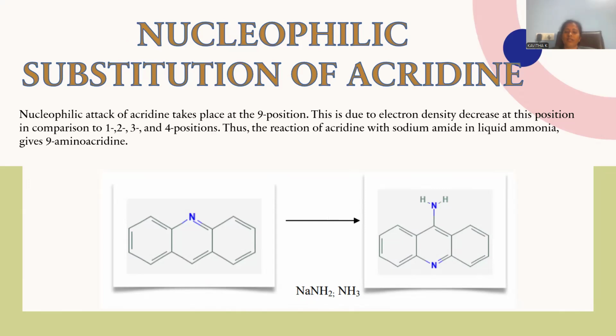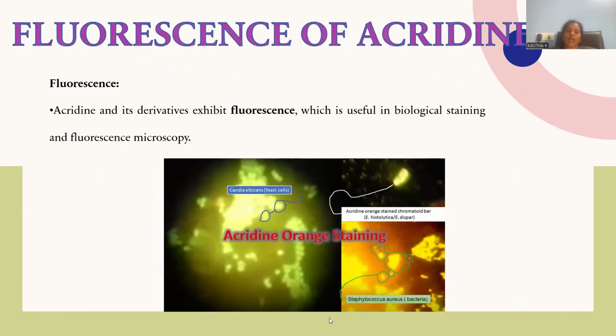The NH2 minus is the nucleophile operating at position number 10, giving rise to 10-aminoacridine as the final product. Here nucleophilic substitution matters, wherever H minus is replaced with NH2 minus. This is part of the nucleophilic substitution reaction, and it is said to be the Chichibabin reaction.